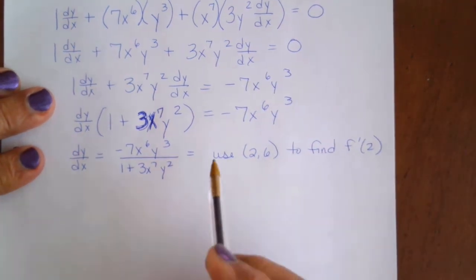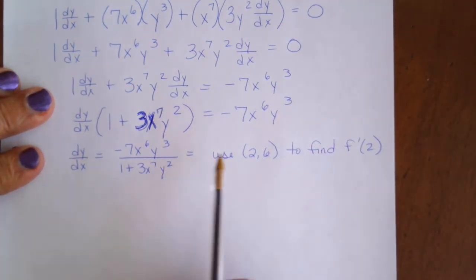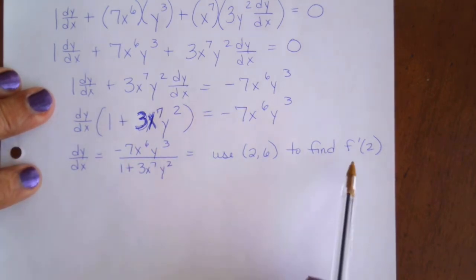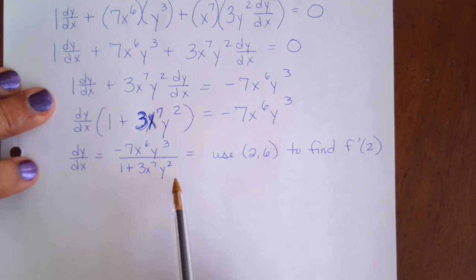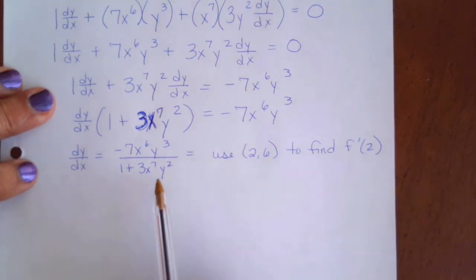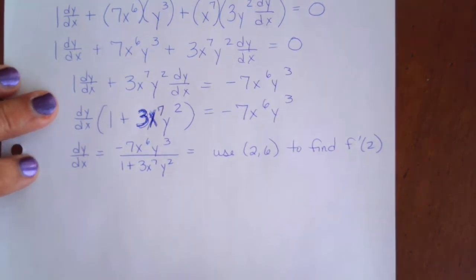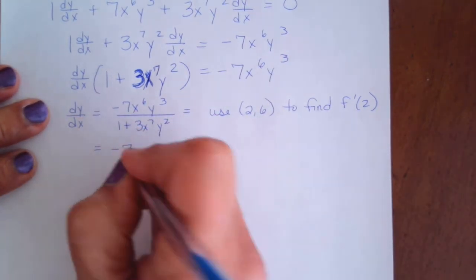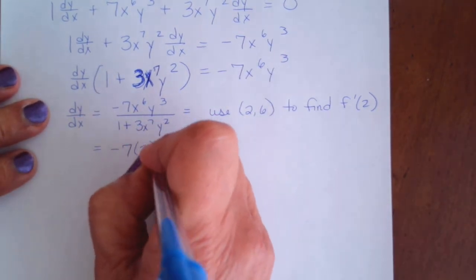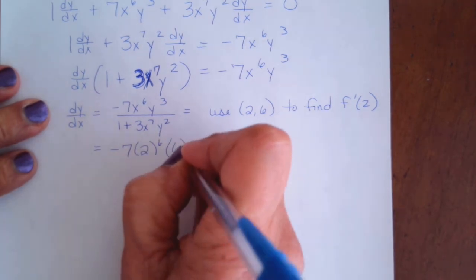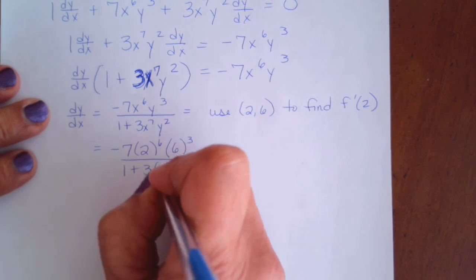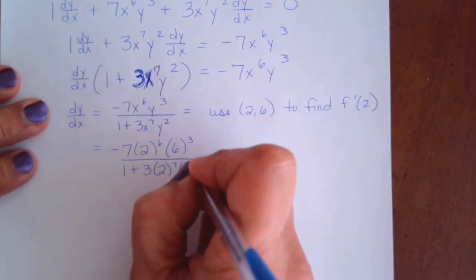So I'm going to plug in 2 for x here and 6 for y. That's the derivative at 2. Okay, so again, all of these implicit problems need x and y to find the derivative, to find that slope. Okay, so we're going to plug in 2 for x, 6 for y.